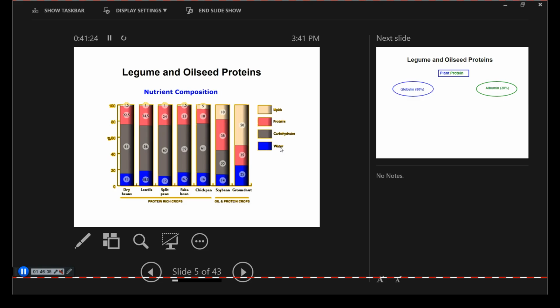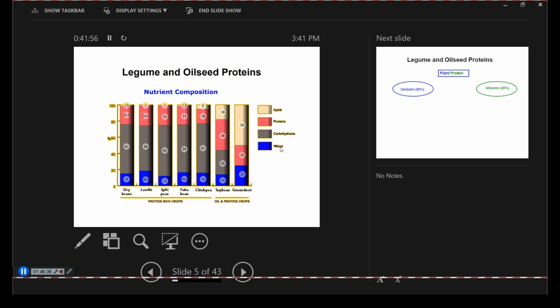Okay. So here we can see the distribution of the composition of the different types of legumes and oilseeds. If we look at the pulses, dry beans, lentils, peas, fava bean, chickpea, you can see that it's mostly carbohydrates, starch, and fiber. And the protein content is around 20-22% on average.